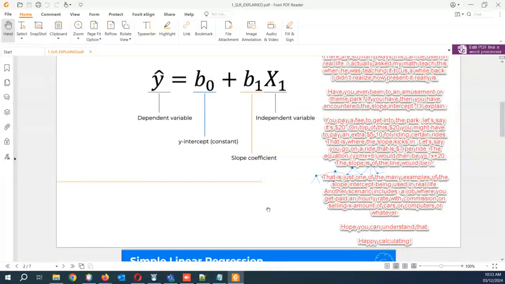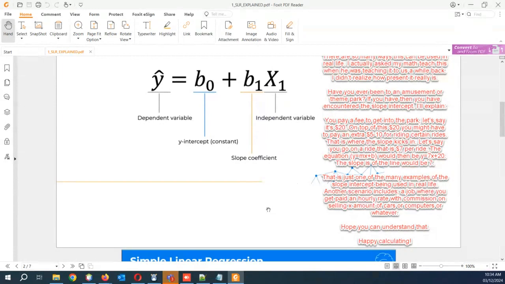Another scenario is a job where you get paid an hourly rate with a commission for selling X amount of cars or a computer or whatever you want to sell. Let's say you are a salesperson, you will get paid $20 an hour, and if you make additional sales, we will pay you for those additional sales.